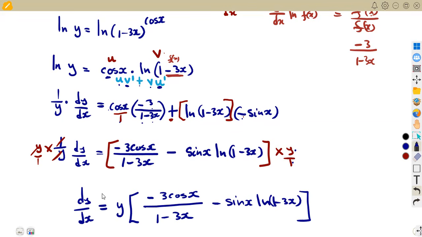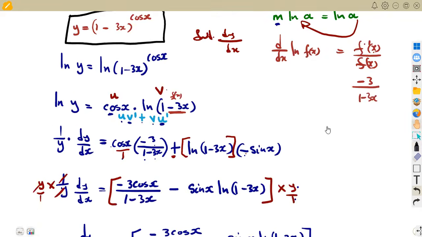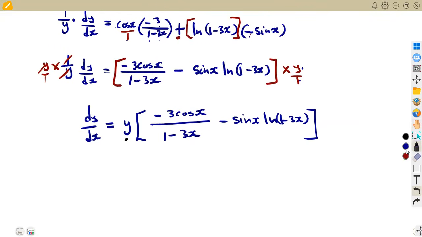All right, so that is what you're going to have. But if we are to check, guys, y is represented before in this part that we introduced. We said y is equal to the whole of this part. So wherever we see y, we are going to substitute with 1 minus 3x to the exponent of cos x. So this is the one that you are going to substitute on your final answer now.